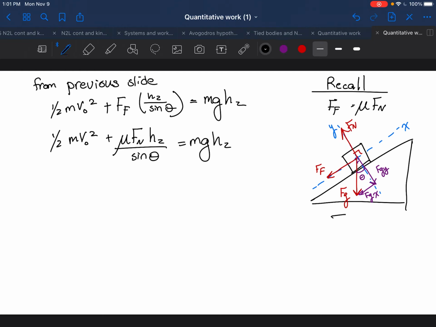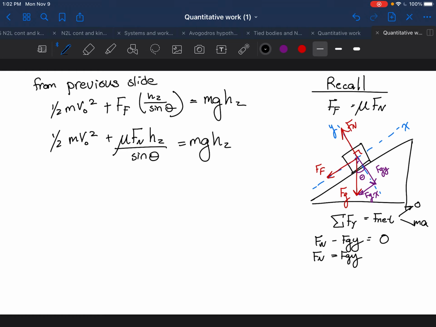So here, if I sum the forces in the y direction, they have to be some net force. We know our net force can either be 0 or ma. In this case, in the y direction, so in this axis here, the box is not accelerating in the y direction, so I know it has to be balanced, or that my net force has to be 0. So out of the two options, it must be 0. Fn positive and Fgy negative. So I know Fn equals Fgy.